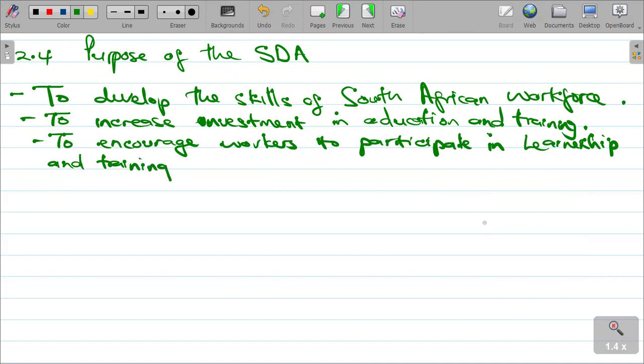They wanted to encourage employees or workers to participate in learnership and in training programs in order to improve skills.